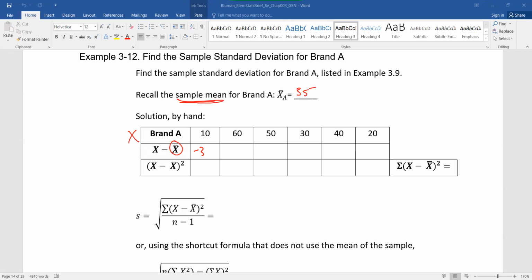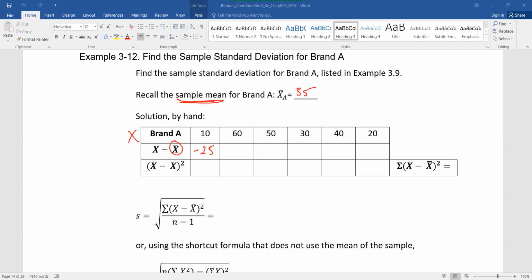Hold on. I will say this. What is kind of nice is it doesn't matter about your negatives and positives, because on the very next one, you're going to square it. So when we square a number, what's our outcome always going to be? Positive. So if you're stressed about the negative and positive, it's not going to matter. All right.